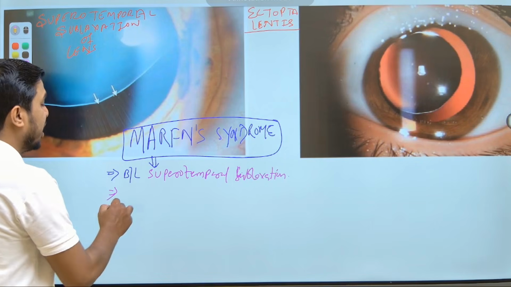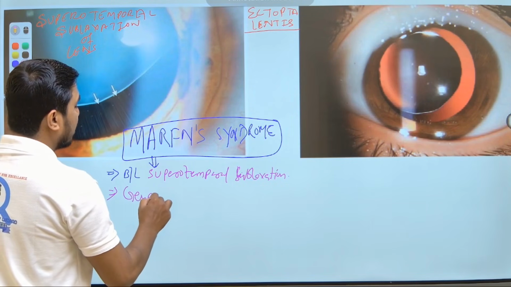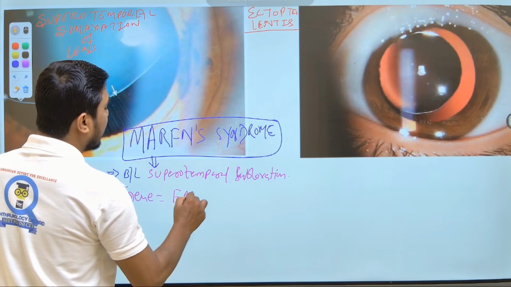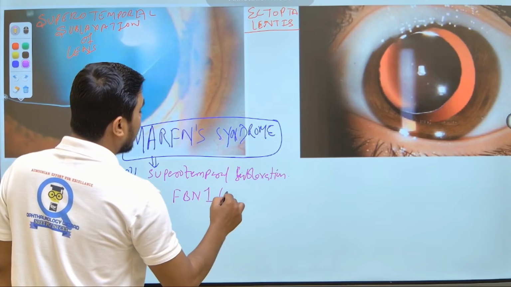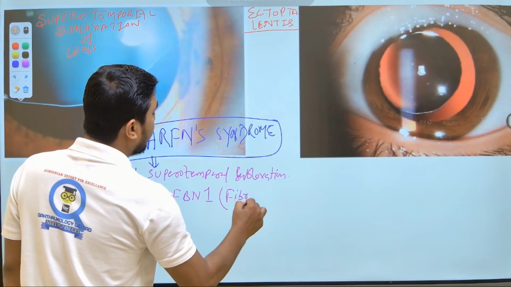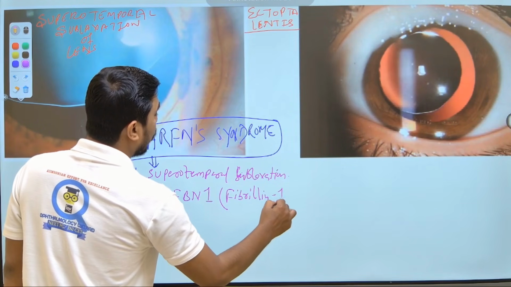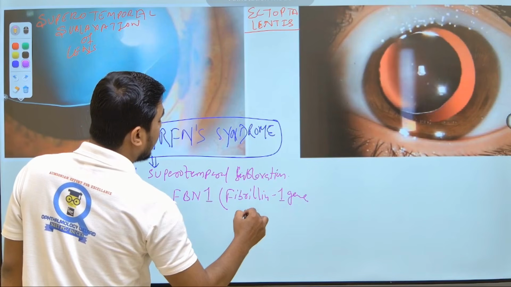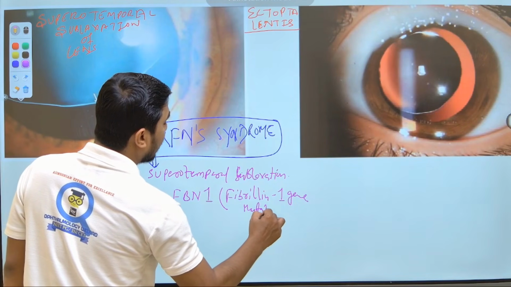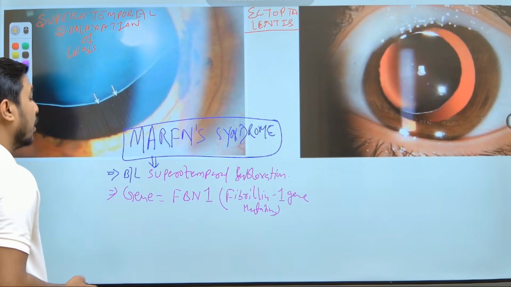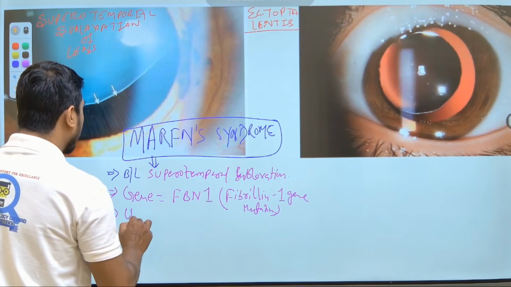Second thing is the gene associated. The gene is FBN1. It is also called fibrillin 1 gene mutation. Understood? Third important point, the chromosome.